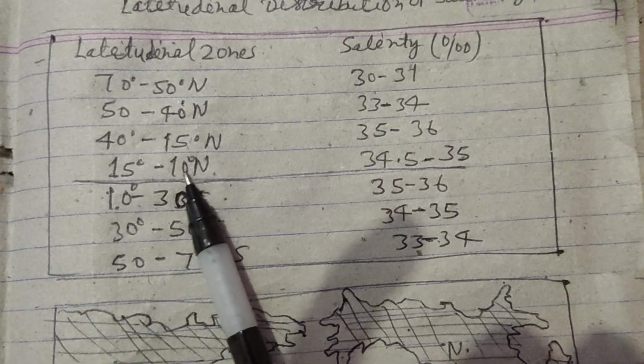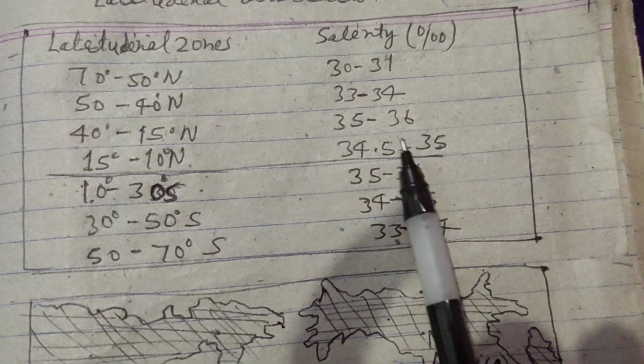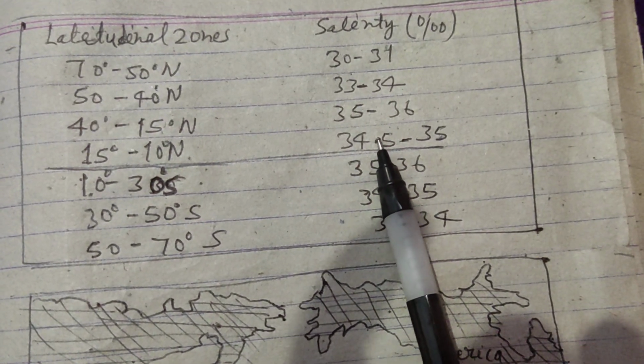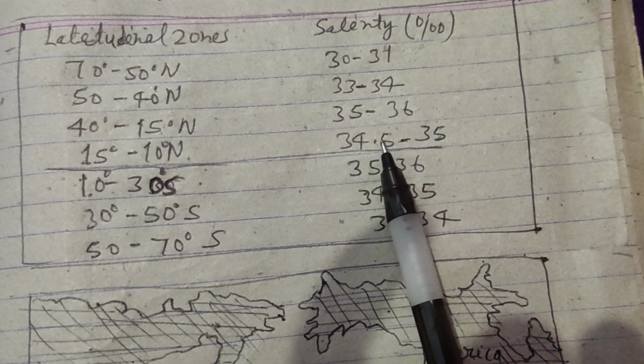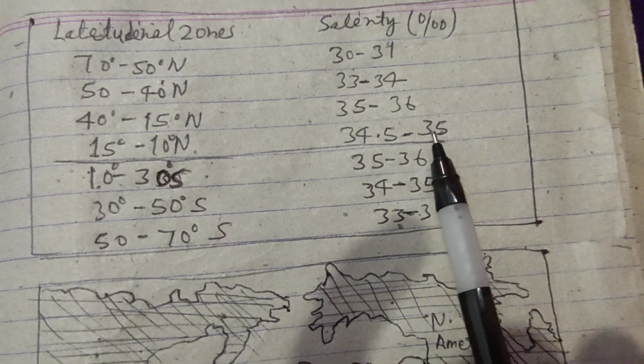and at 10 degree to 15 degree latitude salinity is high, 34.5 to 35 gram per thousand.